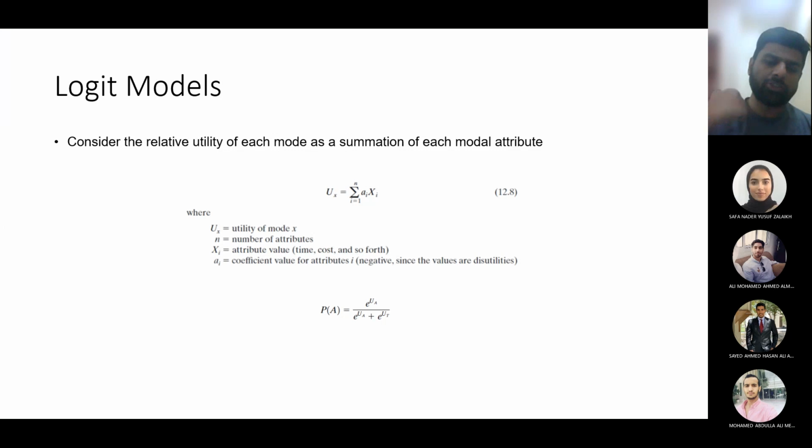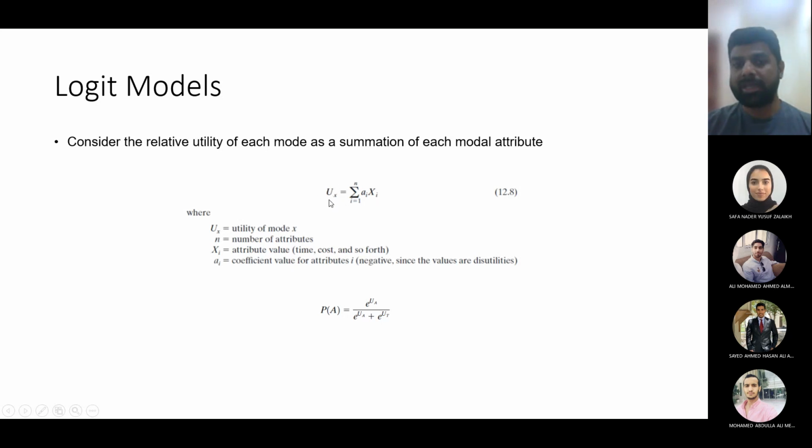So there will be 4 x values here: x1, x2, x3, and x4, and with each value there will be a coefficient. The summation of these will give you the utility function.